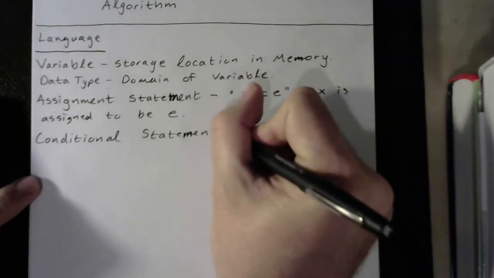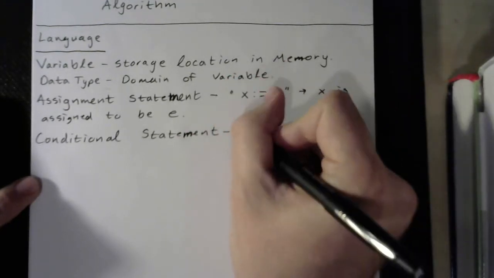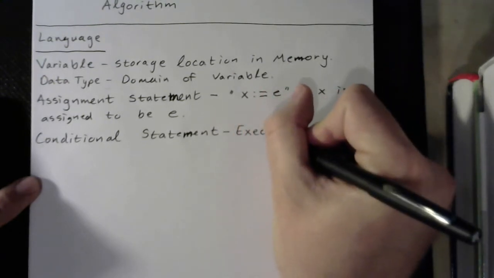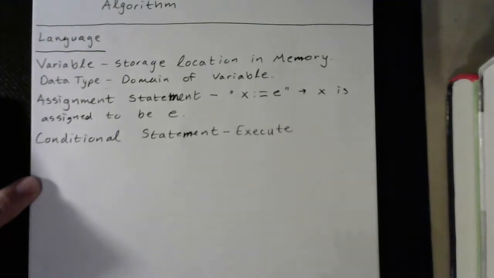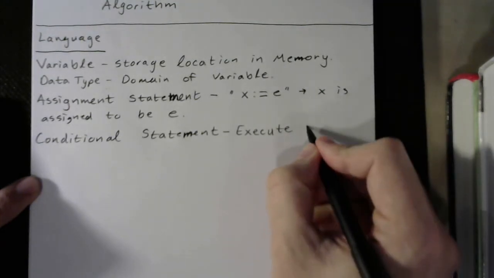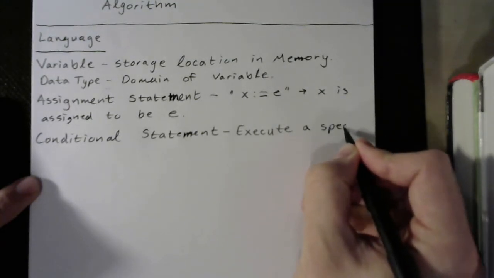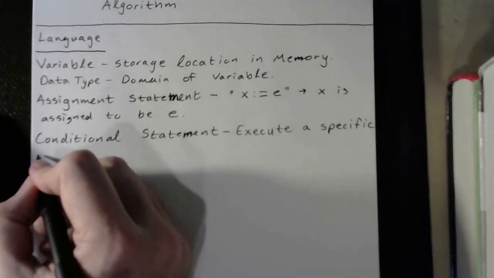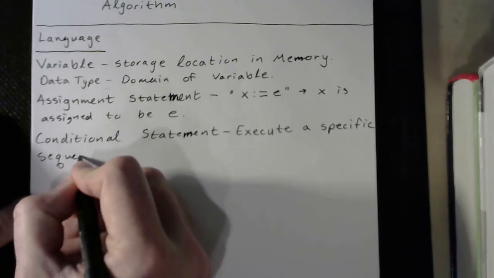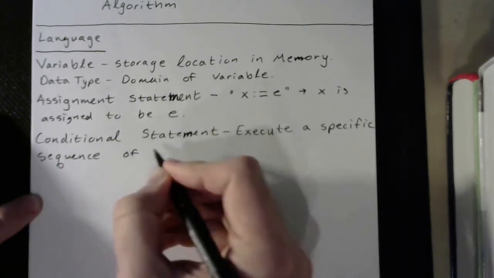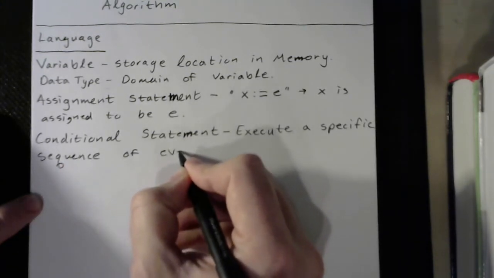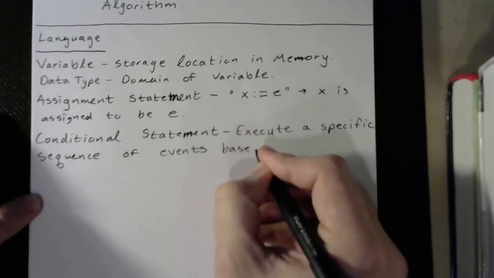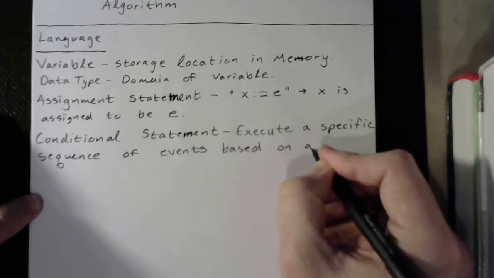Same definition that we've been using, but in algorithms, this is just telling our program, or us if we are executing the algorithm, to execute a specific sequence of events based on a condition.